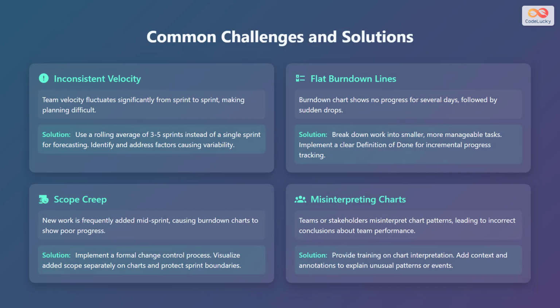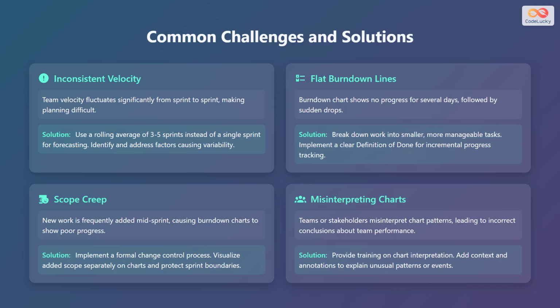Even with the best intentions, teams can face challenges when using velocity and burndown charts. Let's examine a few common challenges and their solutions. One common challenge is inconsistent velocity, where team velocity fluctuates significantly from sprint to sprint, making planning difficult. The solution is to use a rolling average of 3 to 5 sprints instead of a single sprint for forecasting.